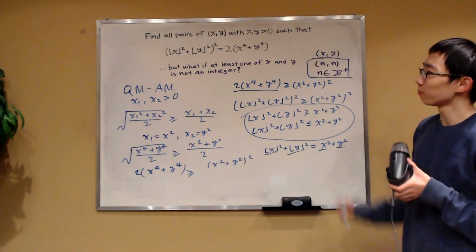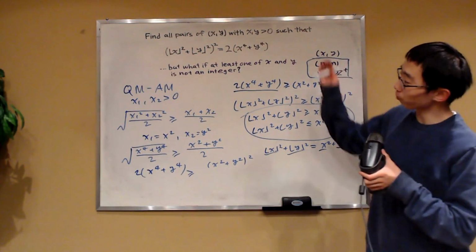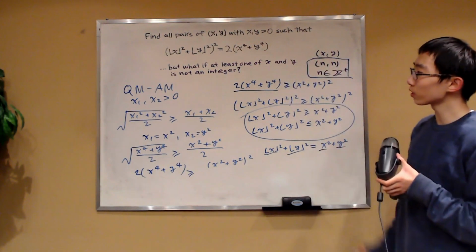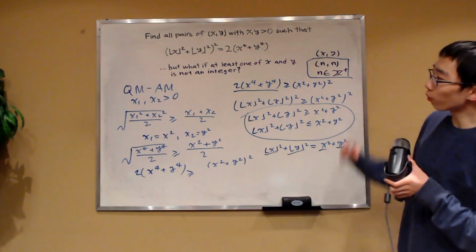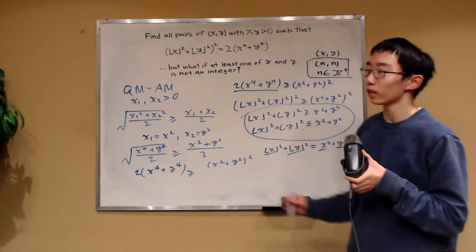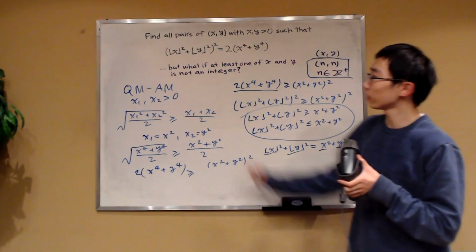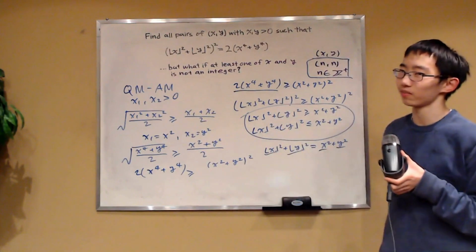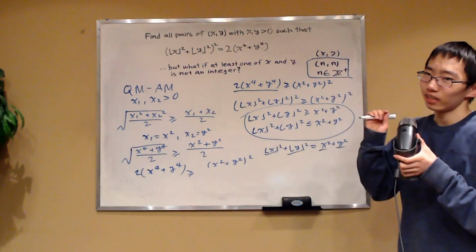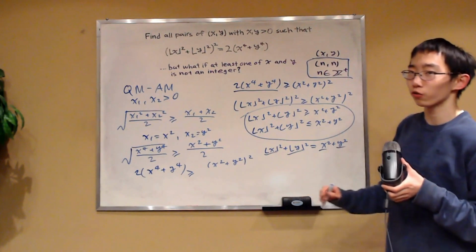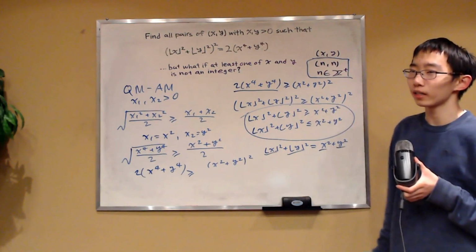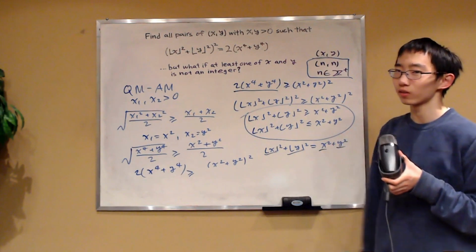Now, notice that the main idea of a problem like this is to first consider a simple case. You want to first make the problem easier. In this case, when you consider the case when x and y are both integers, then this side is not scary at all, right? You got a solution. And then you can work on some sort of rigorous proof as to why there might be no other solutions.